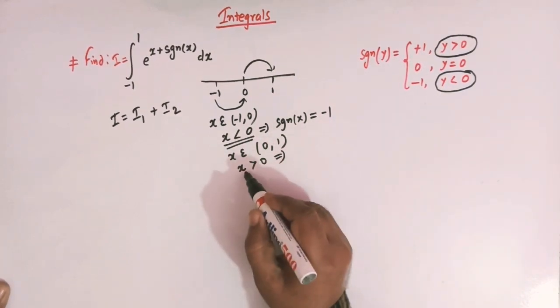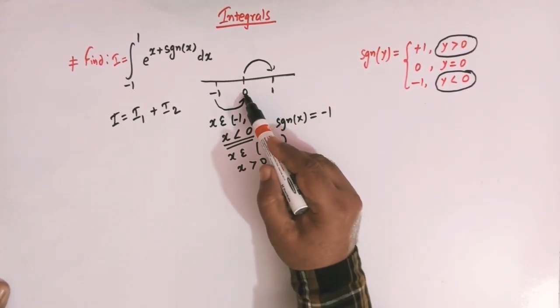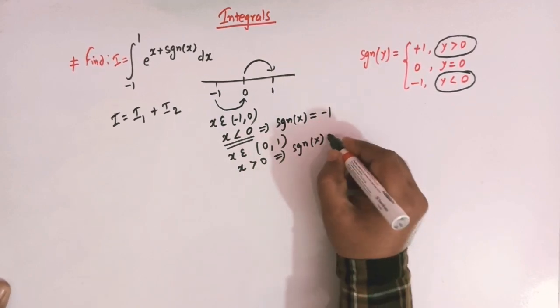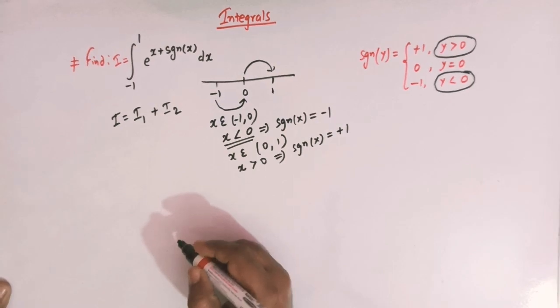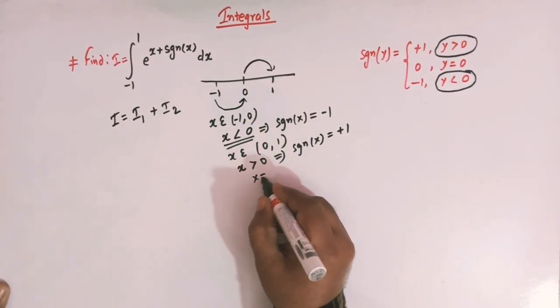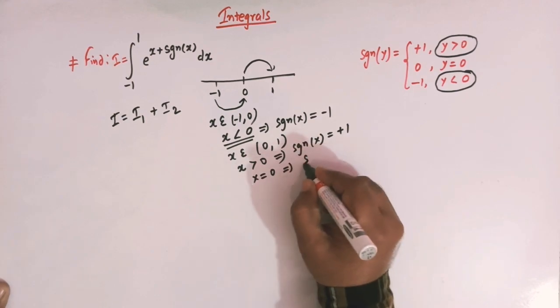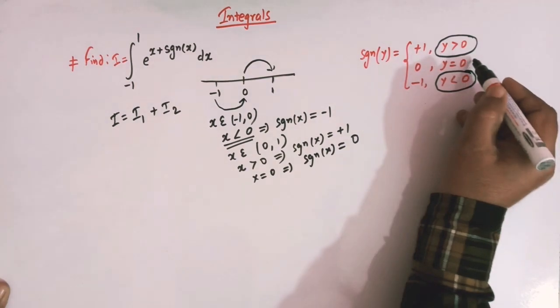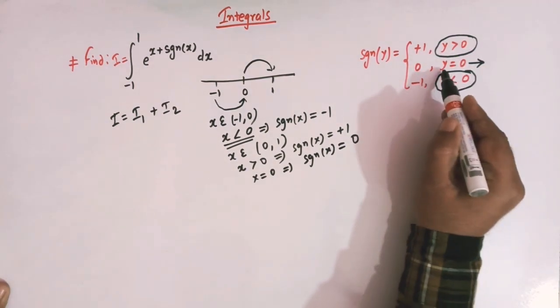So when x belongs to 0 to 1, signum of x is equal to +1. And at x equal to 0, signum of x takes the value 0, due to this definition.